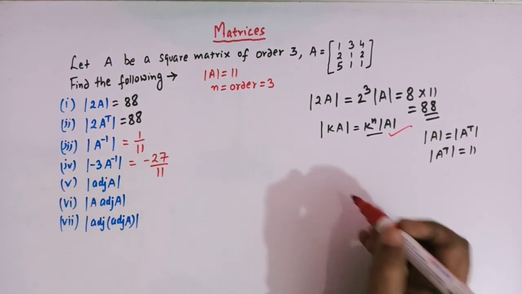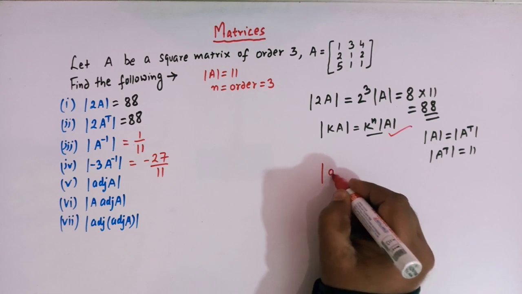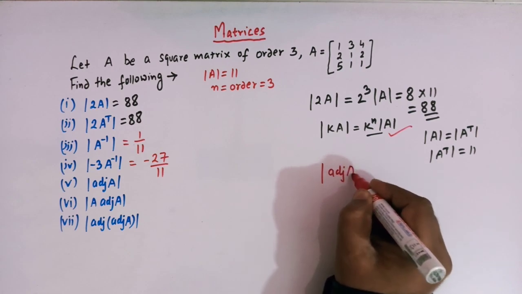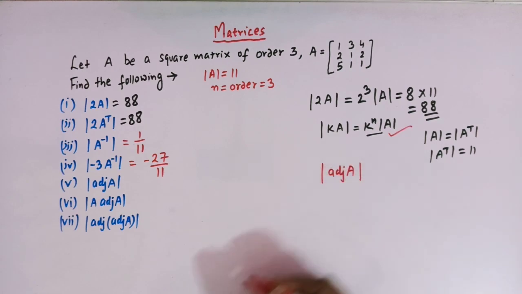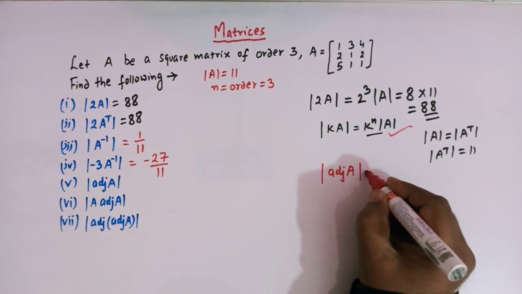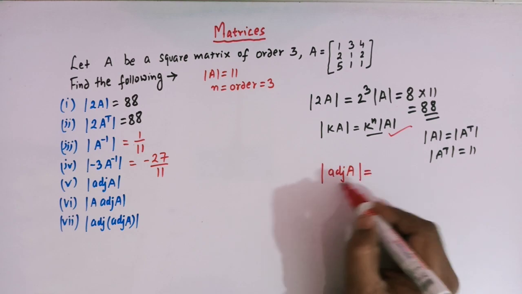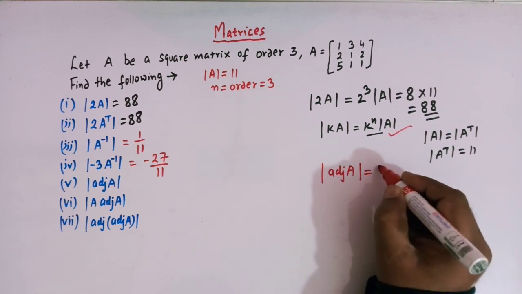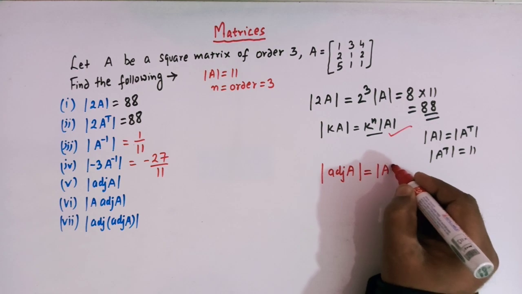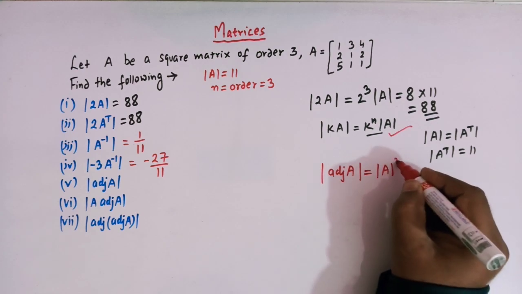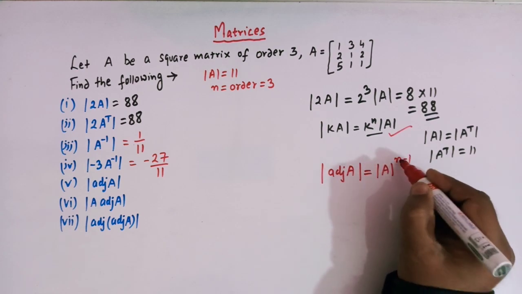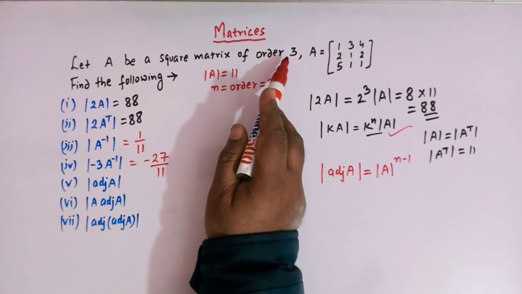Now let us take the fifth one. Here we have to find the value of the determinant of adjoint of matrix A. And we know that the formula for the determinant of adjoint of A is given by determinant of A raised to n minus 1, where n is the order of the matrix.